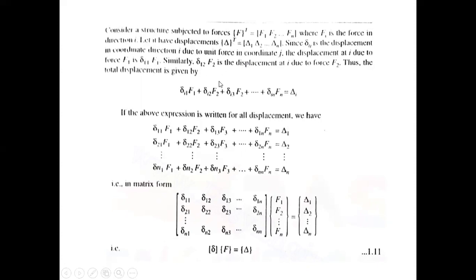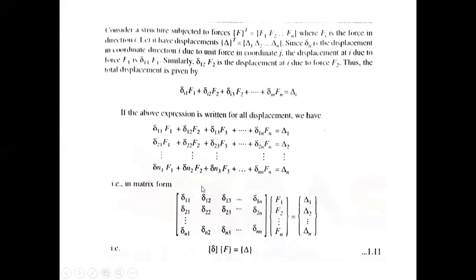So delta equals force multiplied by the displacement component. This is f1 del i1, f2 del i2, f3 del i3, and so on till fn del in, that will be delta i. All such equations come into a complete set, termed delta 1, delta 2, delta n. This is the delta matrix.